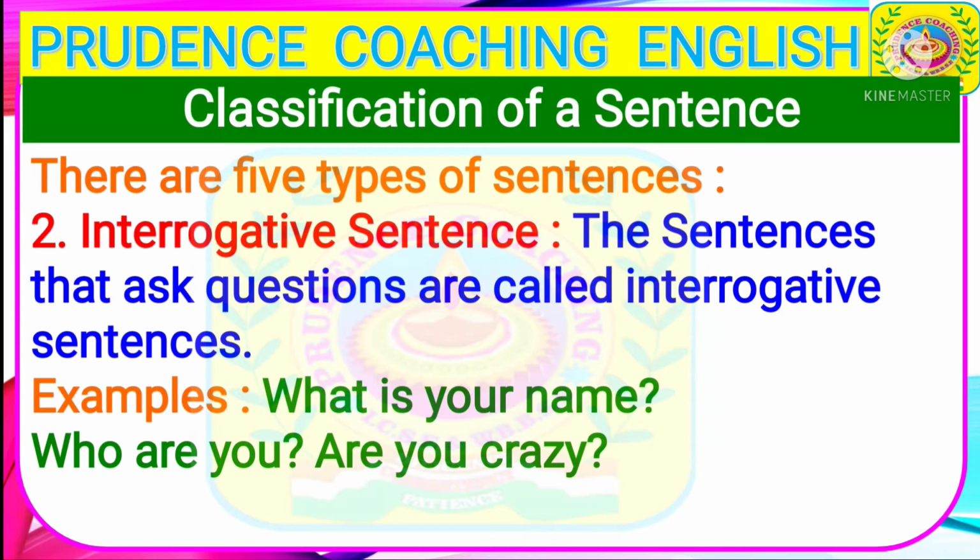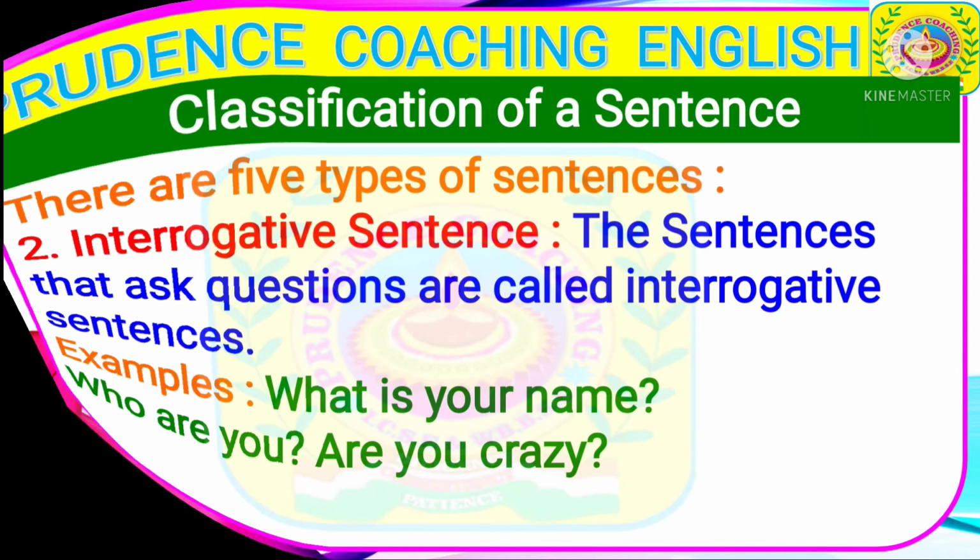So from that word we can remember that interrogative sentence means in that particular sentence questions will be asked. For example, what is your name? So here it is asked about the name. Who are you? Are you crazy? So here in all these sentences questions are being asked. So these are the interrogative sentences.